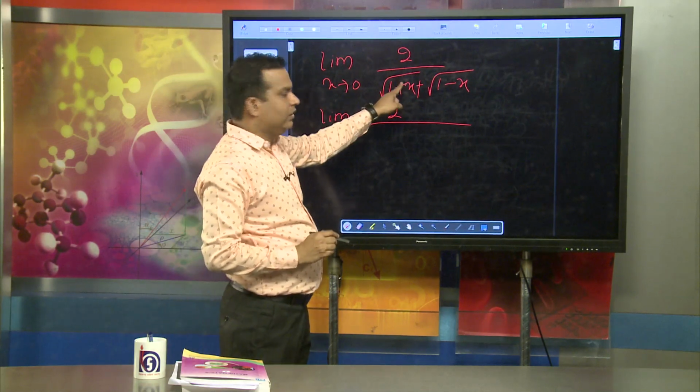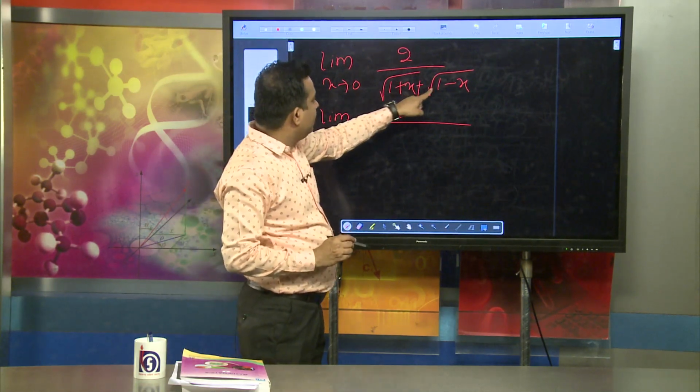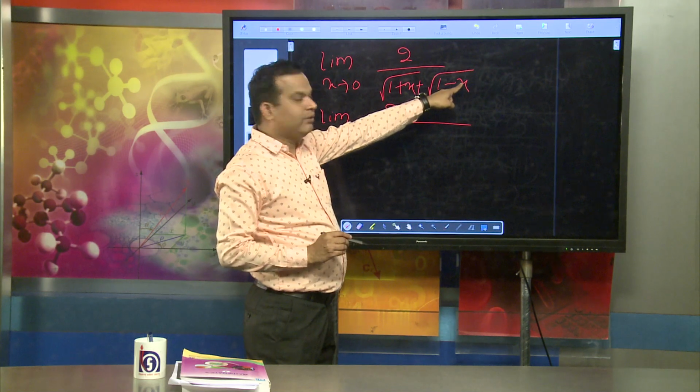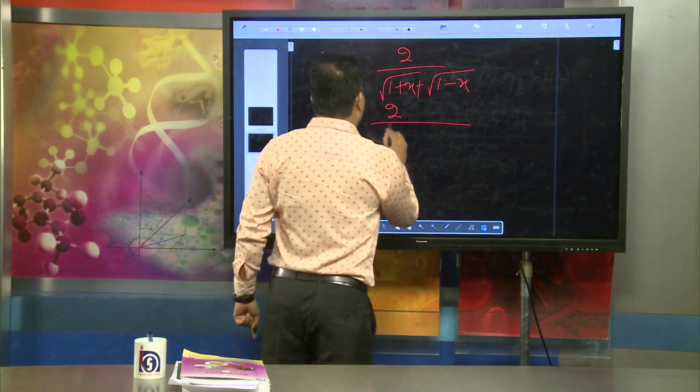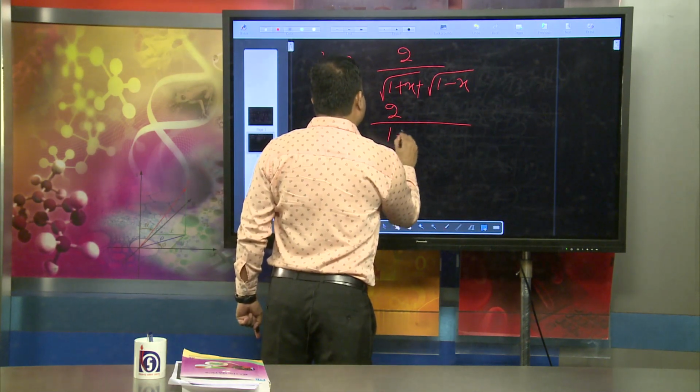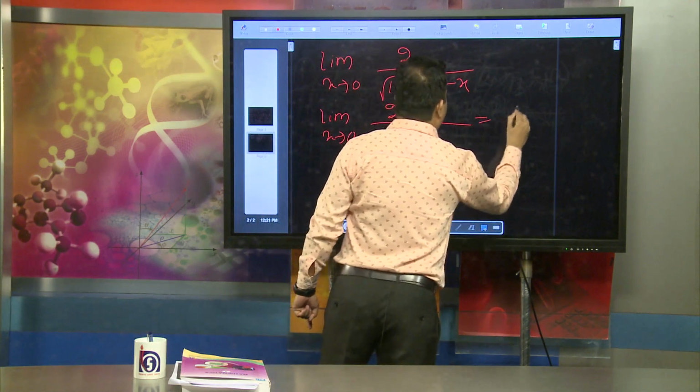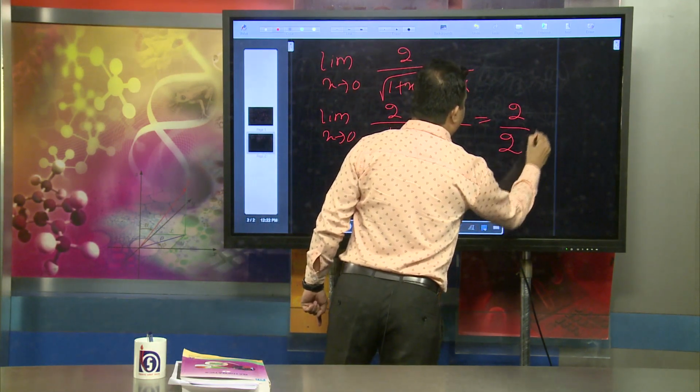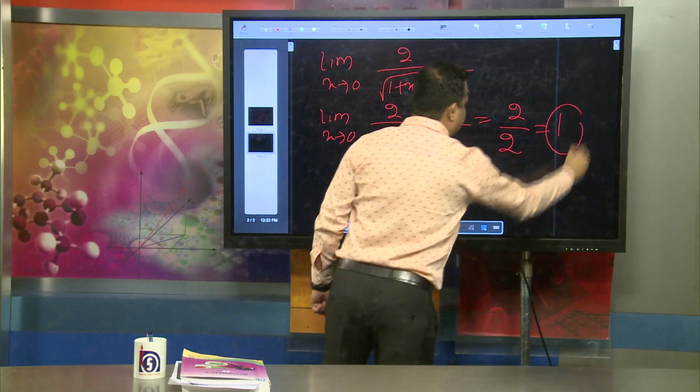So 1 plus 0 will be 1, and 1 minus 0 is 1, since x equals 0. So you will get 2 by 1 plus 1, which equals 2 by 2, which equals 1. That is the limiting value, the answer.